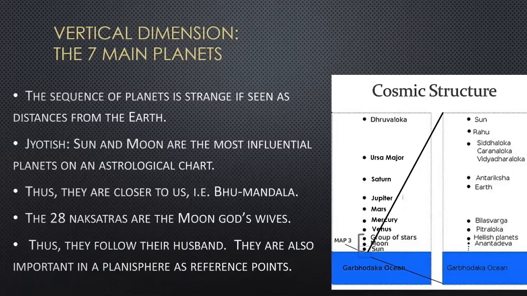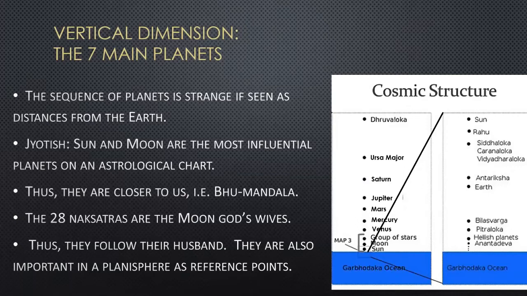In the Bhagavatam, they're said to be the daughters of Daksha and the wives of the moon god. And so it would make sense that they follow their husband. And they're also important in the planisphere as reference points. So again, we're seeing that if we take this from the point of view of Jyotish, it starts making sense.